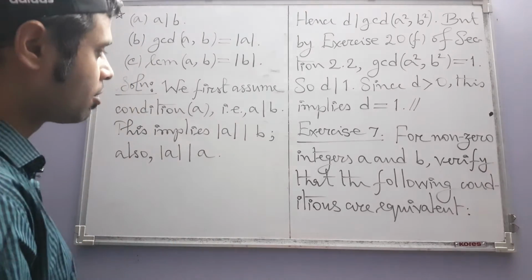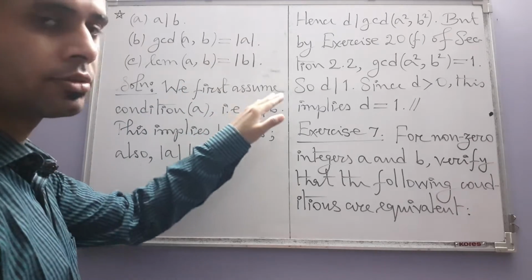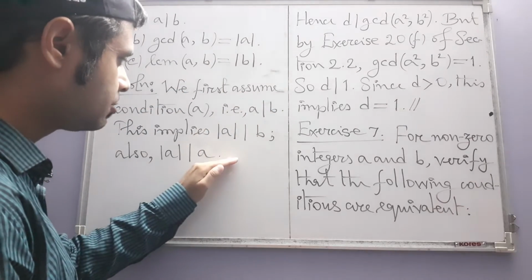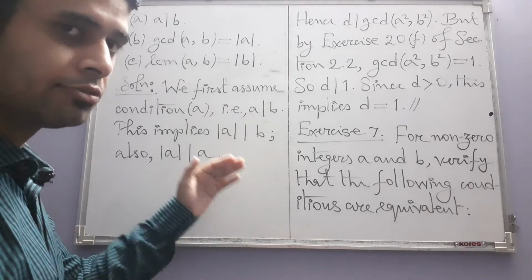Now in order to show that the GCD of a and b is in fact equal to the absolute value of a, we need to show something else. We have got one part of the definition of GCD.